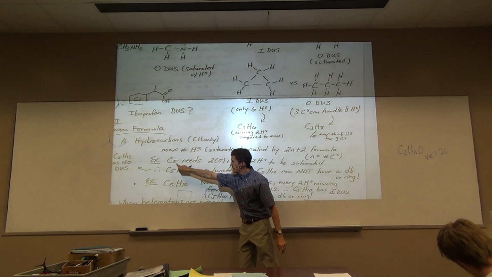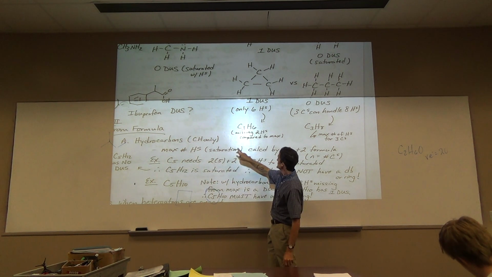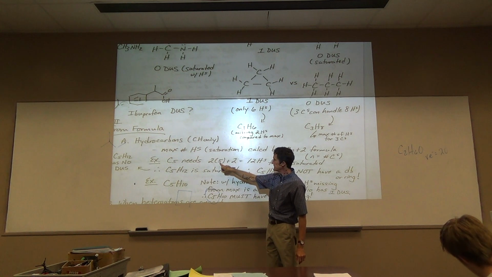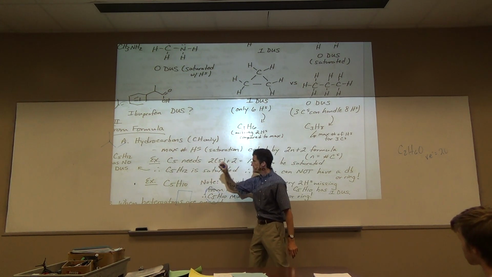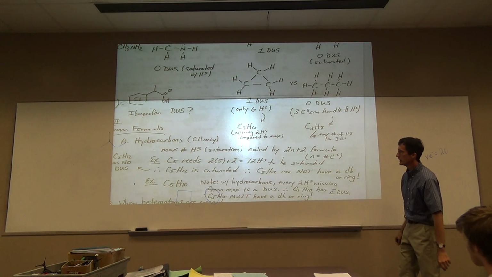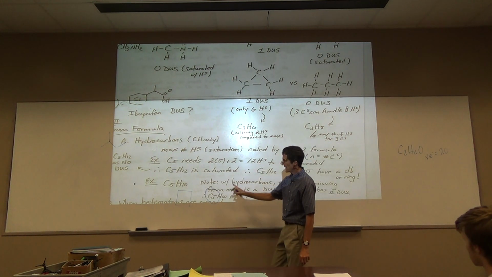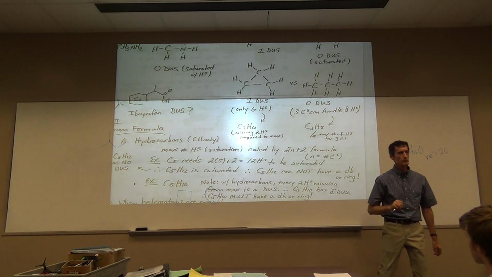If you have 5 carbons, how many H's do you need to be saturated? Well, it's 2N plus 2. You put in 5 as N, 10 plus 2, 12. 5 carbons would need 12 H's to be saturated. Thus, with a formula C5H12, you know that that's saturated.